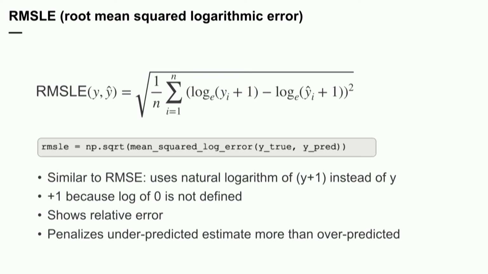One version of RMSE called root mean squared logarithmic error is sometimes very handy when you have exponentially growing targets. For example, if you have prices ranging from, I don't know, $5 to 50,000 and so forth, this gives you a way to sort of get a relative error.